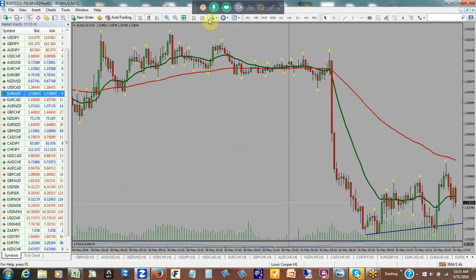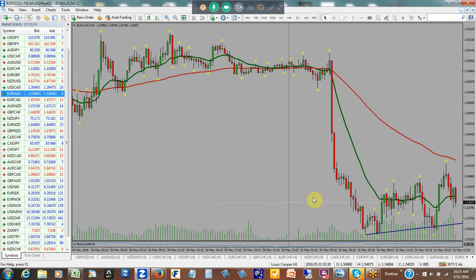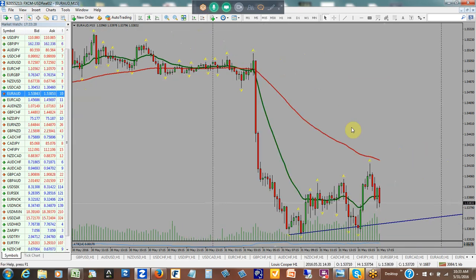Now I'd be looking for shorts. All right. And now here would be a nice entry here. I'll just take these last two candles here.